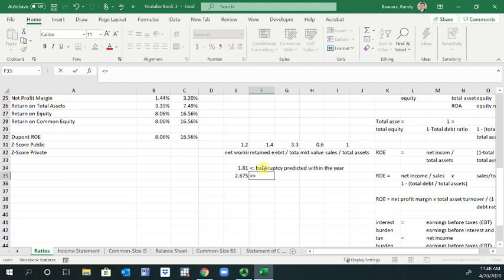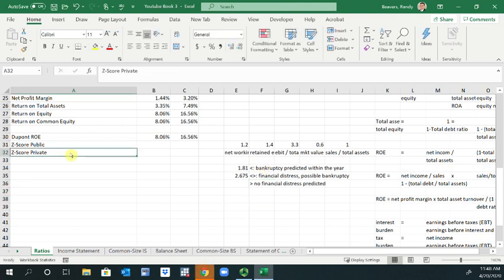If it's between these two, financial distress, possible bankruptcy, and if it's greater than 2.675, there's no financial distress predicted.